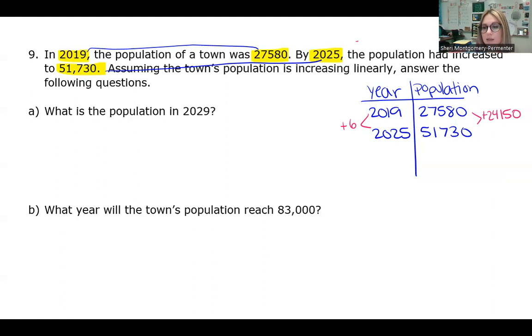So I can take 24,150, and I can divide by 6 to give me my yearly rate to figure out how much it increases per year. Okay, so I'm adding 4,025 each year.